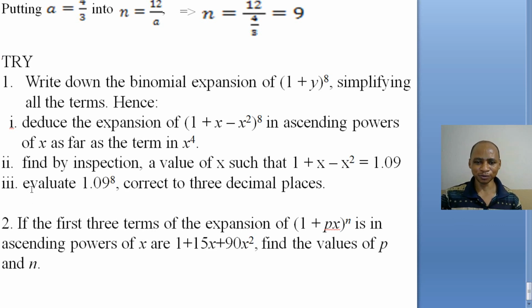Hence, deduce the expansion of (1 plus x minus x raised to the power 2) all raised to the power 8 in ascending powers of x as far as the term in x raised to the power 4.